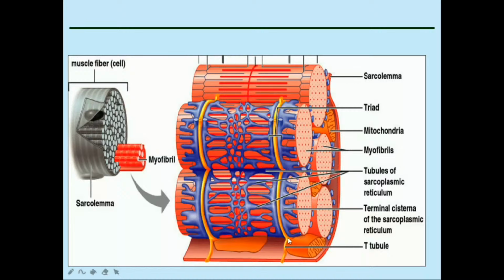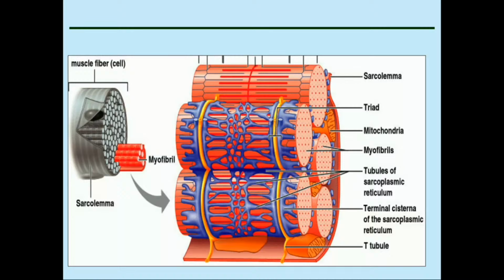Suppose it enters here on one side, then it will divide and the other branch will surround from that side, and again they will join together. Then again, as they come across another myofibril, they will divide, surround the myofibril and then reunite.